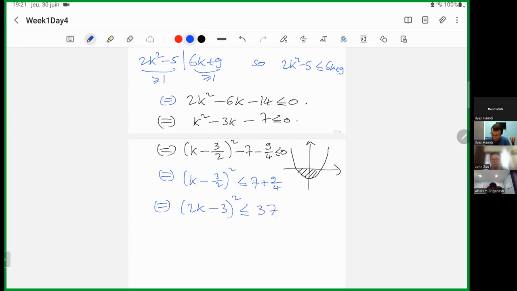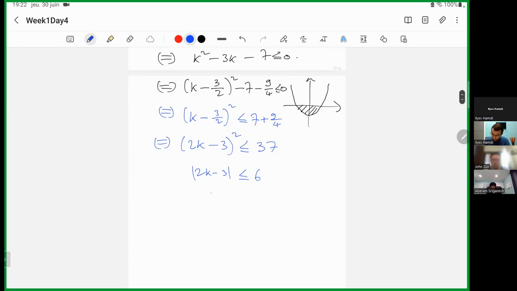Yeah, thank you. Okay, and now you can help me, guys. So what's the highest value for k that is possible? Well, 2k minus 3 in absolute value has to be less or equal to 6, right?